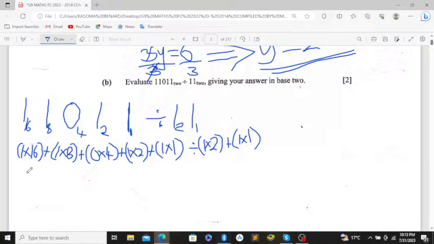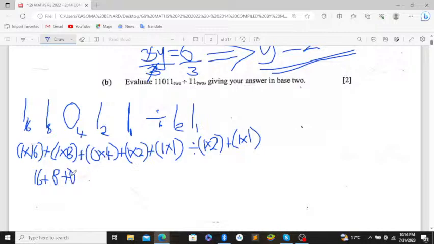So we're going to multiply: 1 multiplied by 16 will give us 16. Then plus, 1 multiplied by 8 will give us 8. Then 0 multiplied by 4 will give us 0.